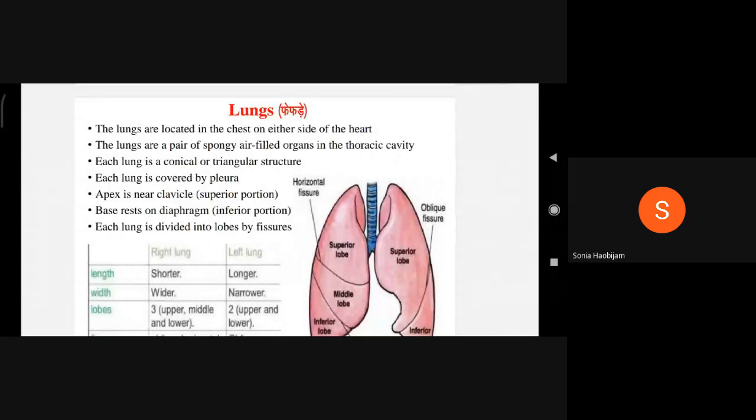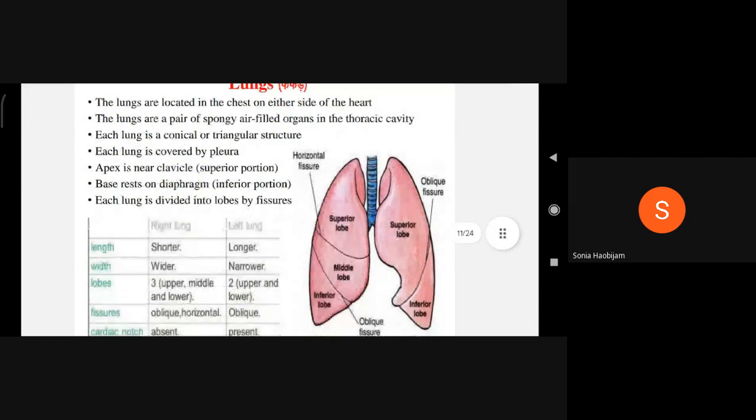Each lung is conical or triangular in shape. You can see the picture here. Each lung is like a cone or almost triangular in shape. And each lung is covered by pleura.